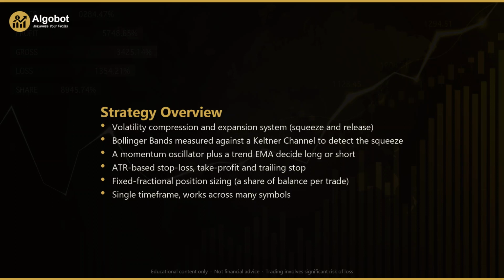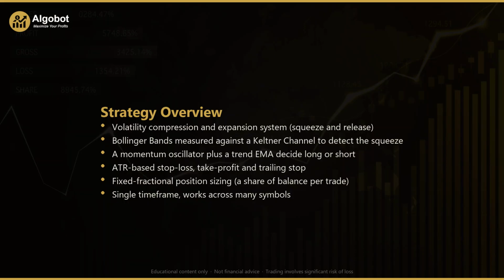When the Bollinger Bands contract entirely inside the Keltner Channel, volatility is compressed, and the strategy marks the market as being in a squeeze. Direction comes from a momentum oscillator modeled on the classic TTM momentum base, together with a longer exponential moving average that acts as a trend filter. The strategy only considers long positions when momentum and trend agree to the upside, and short positions when they agree to the downside.